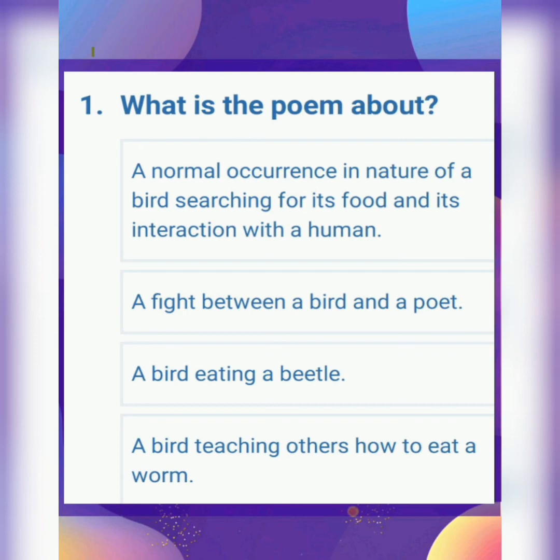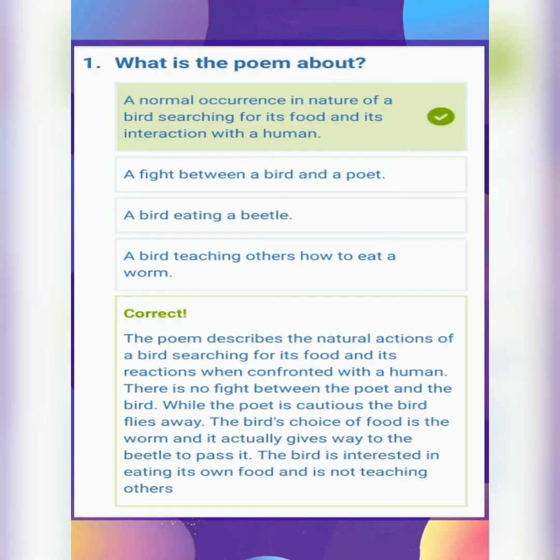So the choice is number 1. A normal occurrence in nature of a bird searching for its food and its interaction with the human. The poem describes the natural actions of a bird searching for its food and its reaction when confronted with the human.